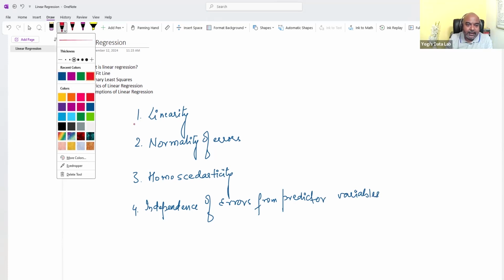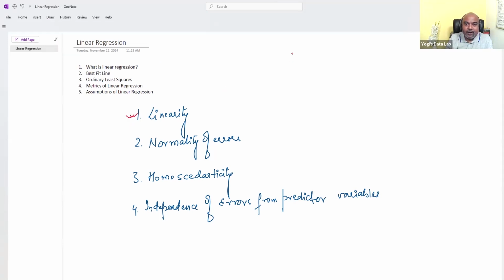When I talk about linearity, we do a check by plotting the predicted y on the x-axis and the errors on the y-axis.